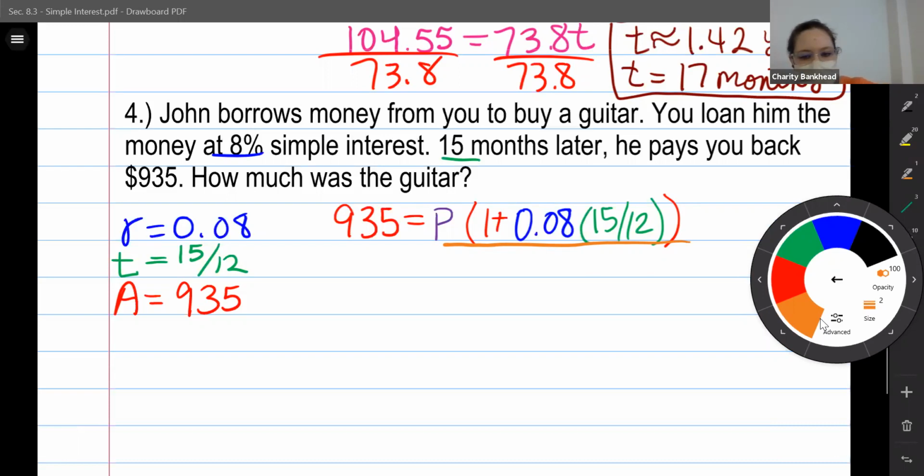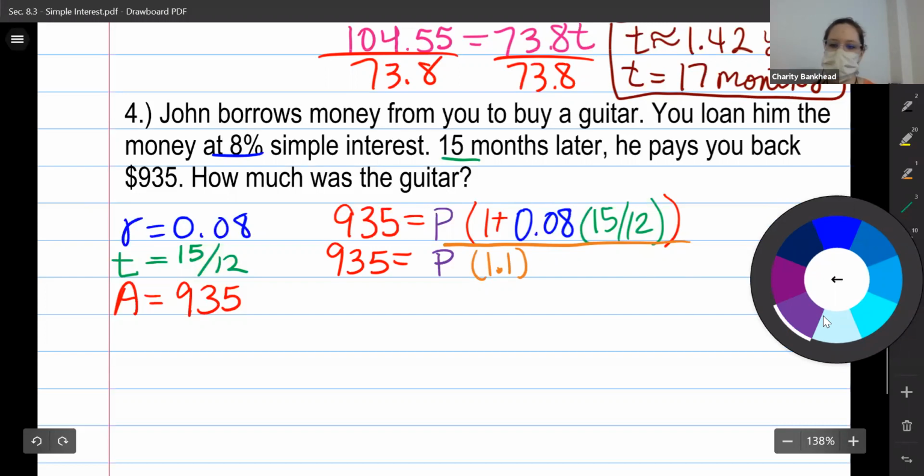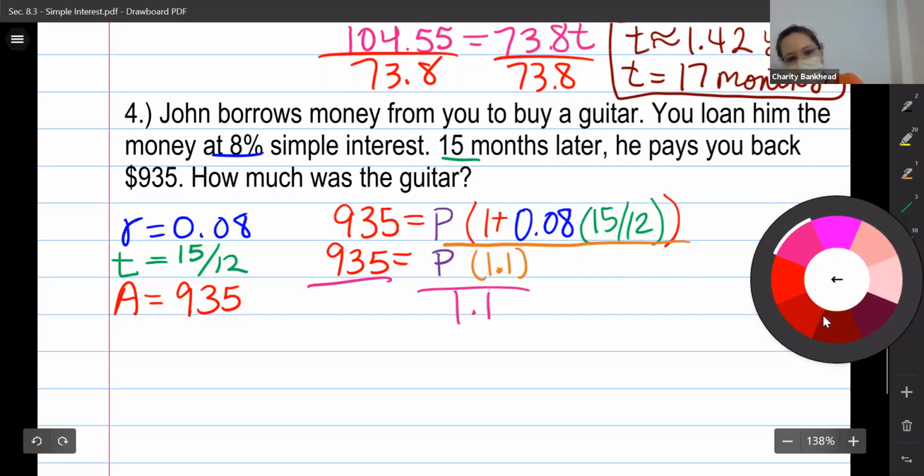And it gives me 1.1. So I have 935 equals P times 1.1. So to solve for P, I just need to divide both sides by 1.1. So 935 divided by 1.1 is 850. So 850 is equal to P. So that's $850 guitar.